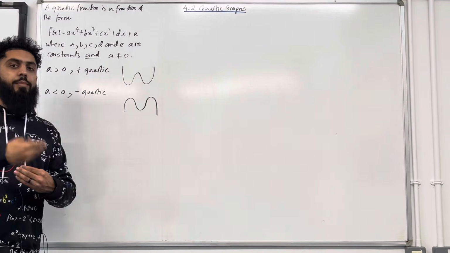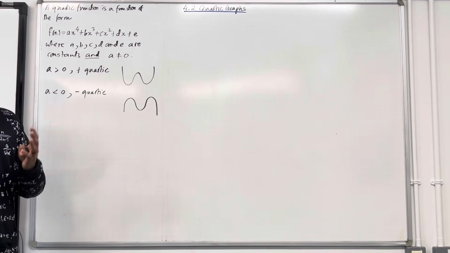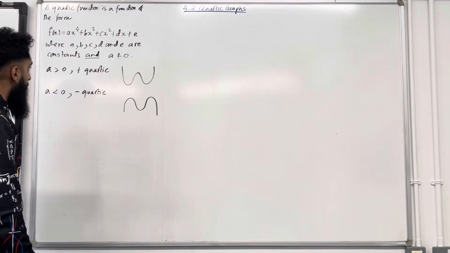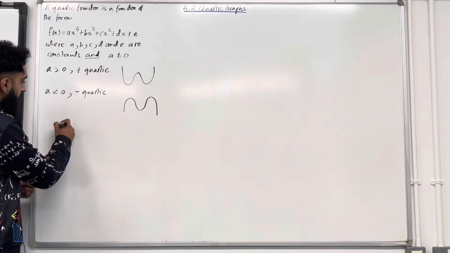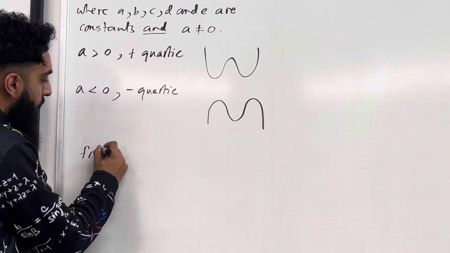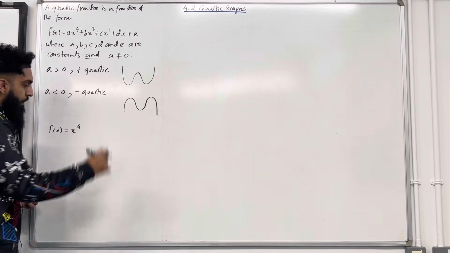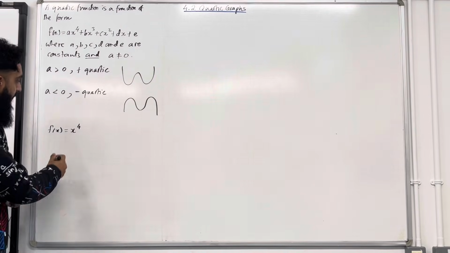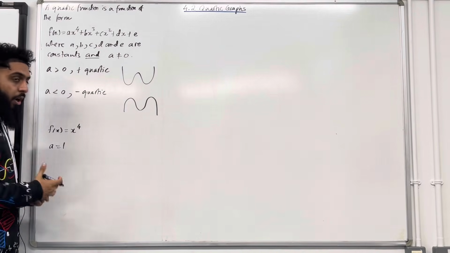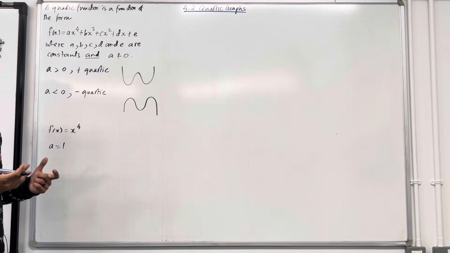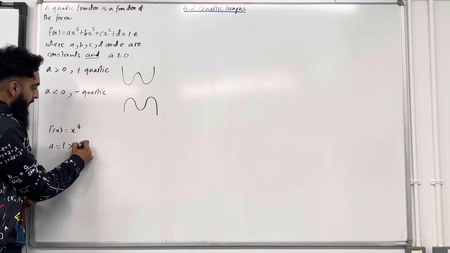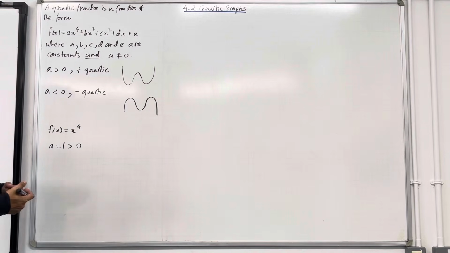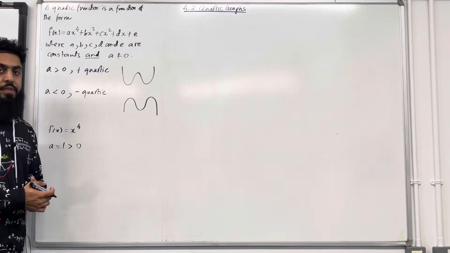Right, now we're going to move on to two special types of quartics. So, special cases. The first one is f of x equal x to the power 4. Now, over here, a is equal to 1. The coefficient of x to the power 4 is 1. This is a positive constant. What shape does this particular graph take?